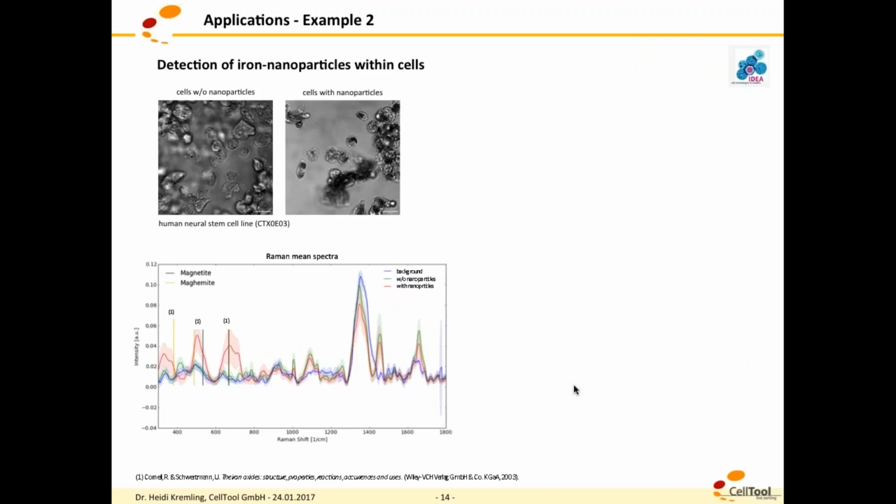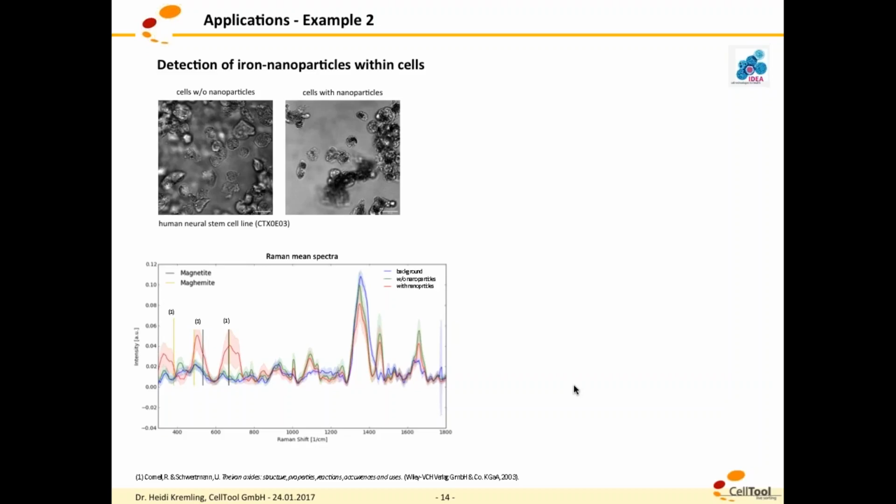In a second experiment, we wanted to answer the question if it's possible to detect nanoparticles within the cells. And to do so, together with a cooperation partner from London, we used the human neural stem cell line CTX-OE03, and we incubated them with iron nanoparticles.